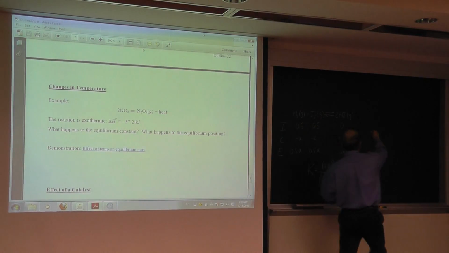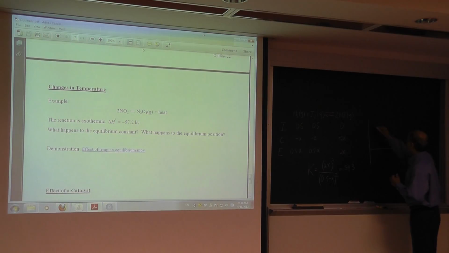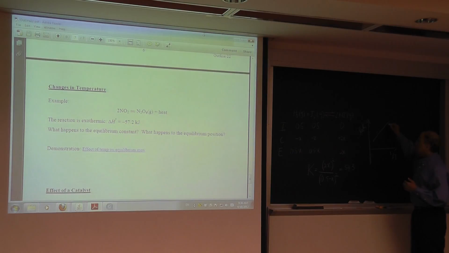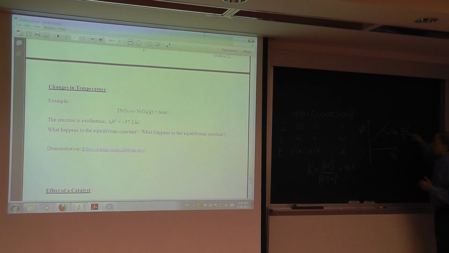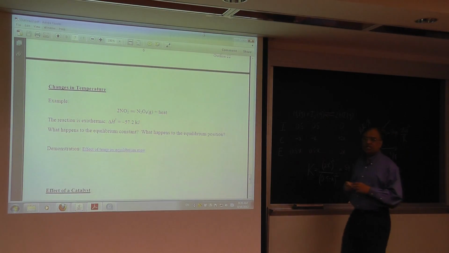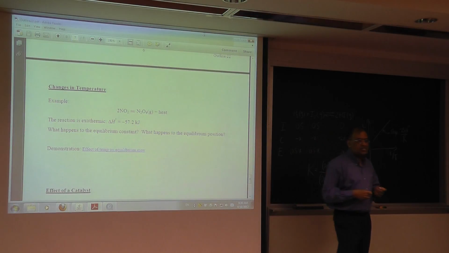We remember we plotted log of K versus 1 over T. For an exothermic reaction, the slope is minus delta H naught over R. Delta H naught is negative, therefore the slope is positive. So if you increase the temperature, what happens to the equilibrium constant? It decreases.